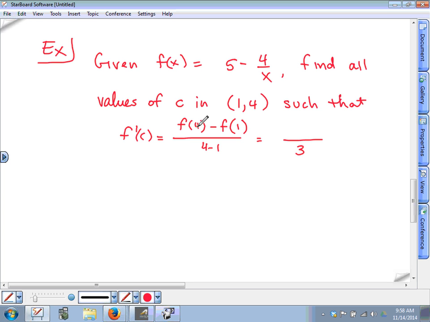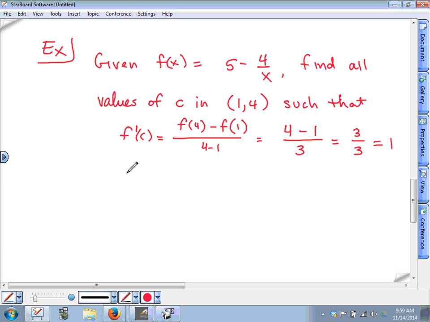You plug in a 4 first for this x. 4 divided by 4 is 1, so 5 minus 1 is 4. Now we subtract whatever f of 1 turns out to be. If x is 1, 4 divided by 1 is 4. 4 taken away from 5 is 1. Equals 3 over 3. It's equal to 1.